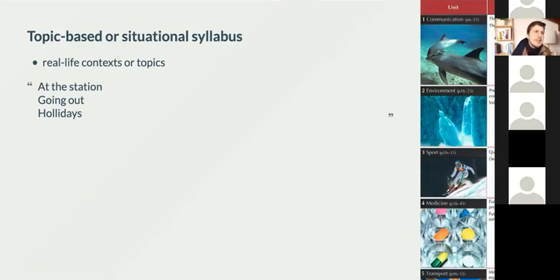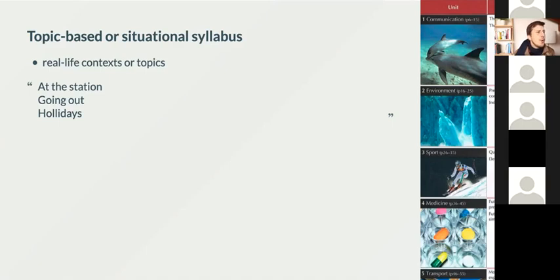And in a sense, it's already better. But the problem is that many times these topic-based or situational syllabuses tend to become really focused on the vocabulary, and they become a kind of lexical syllabus. You focus a lot on the vocabulary and not always on the communication.